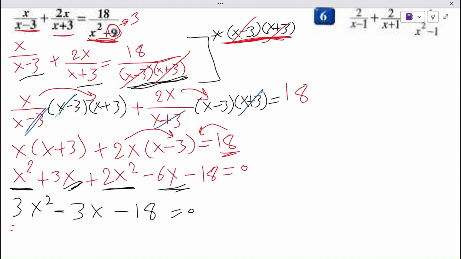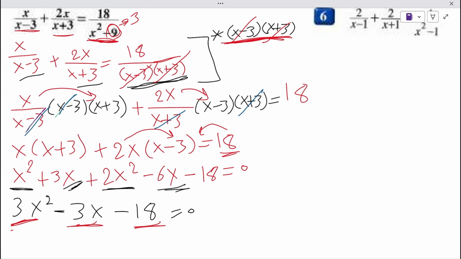And guys, look at here. Because here we have the multiply of 3, we can divide them by 3. How? Divide both sides by 3.